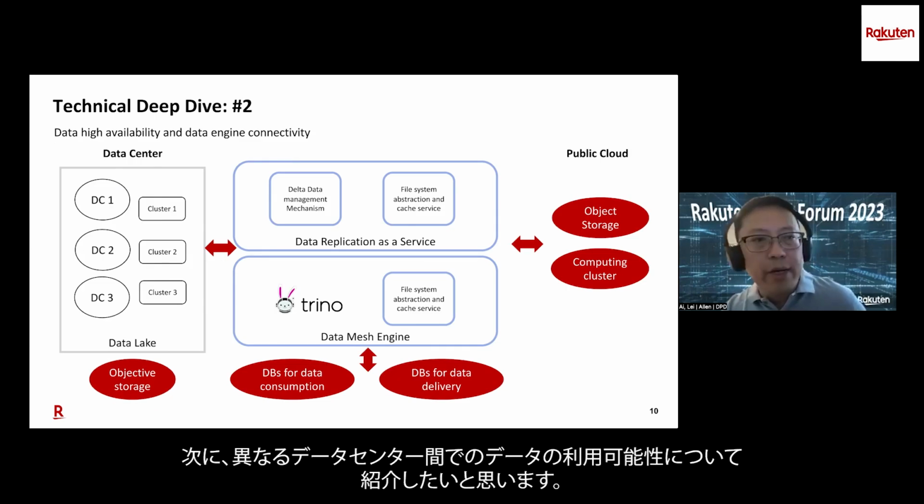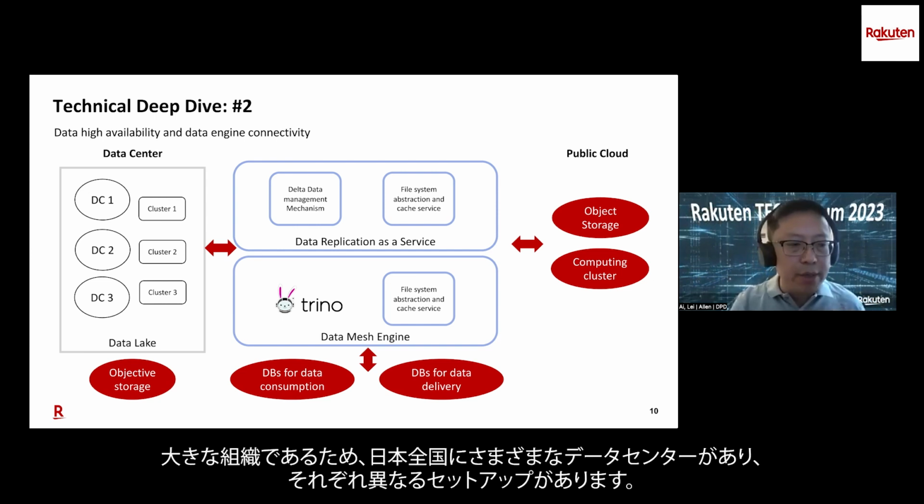So the next one I'd like to introduce is the data availability challenge across different data centers. Because Rakuten is a big company, we have different data centers across Japan, and each data center has a different setup.